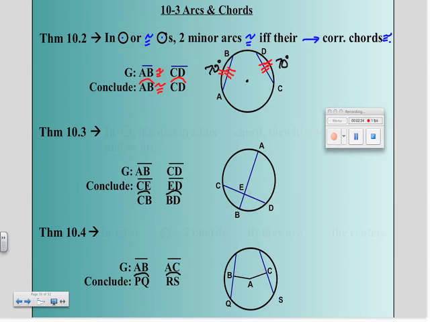Now on to theorem 10.3. If you take a look at what's happening in this diagram, you will notice that this diameter AB, given to us by the right angle drawn there in red, is going to be perpendicular to chord CD.